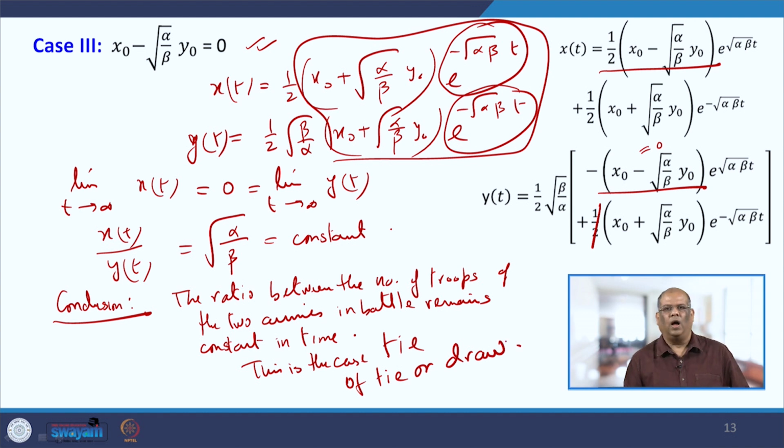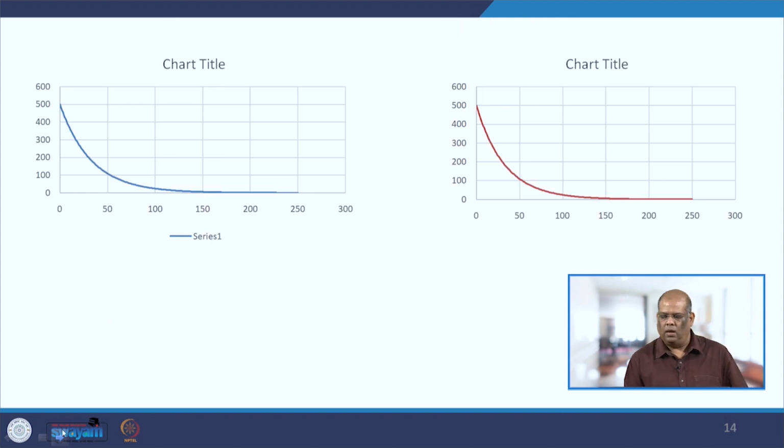So, none of the army wins, and at the end in infinite time the number of troops of both the armies dies, they become 0. If you see the numerical, it is also giving the same thing, that over time it starts with 500, over time this army A goes to 0, over time this army B also goes to 0.